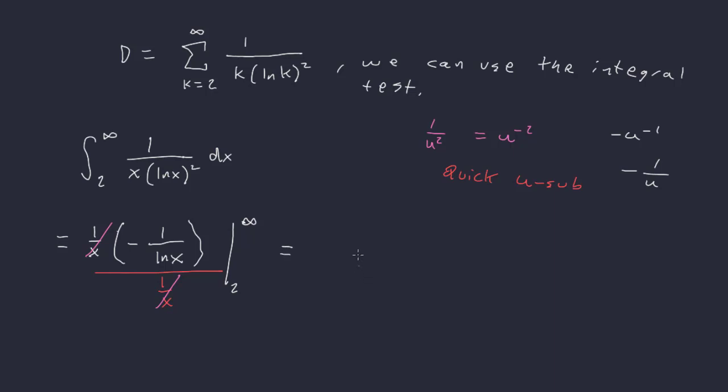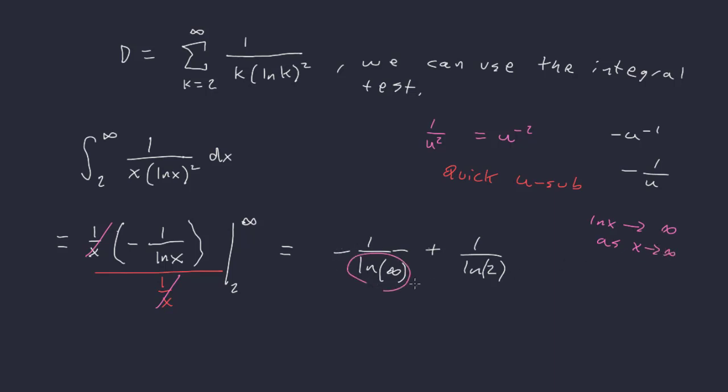So now we're going to have negative 1 over the natural log of infinity, okay, minus, well, we already have a minus, so it'll be plus 1 over the natural log of 2. All right, so here's what happens here. ln of x goes to infinity as x goes to infinity.